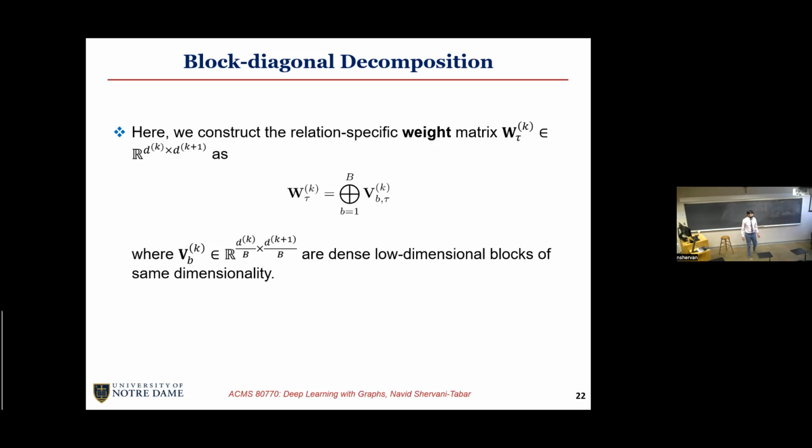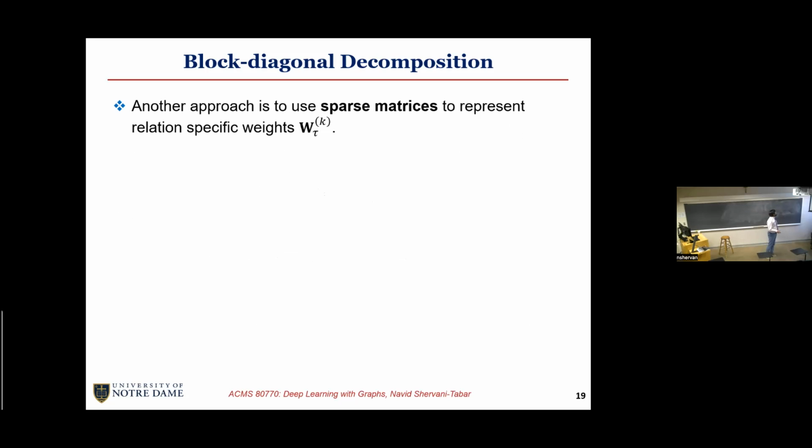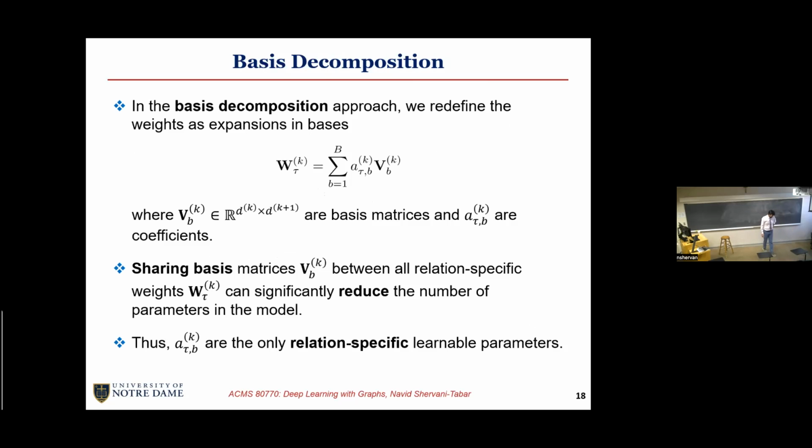Go ahead. Yeah, for the first method, they can do relation using bases. Okay, how do you find them? Oh, they're learnable. So you have two sets. You have learnable shared matrices V, and you have learnable relation-specific vectors a.